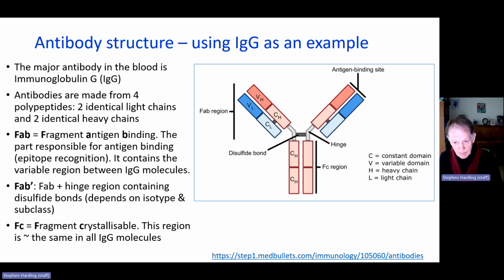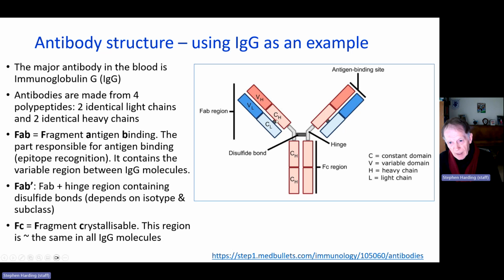They contain the sulfhydryl group, and these can combine together to give a disulfide bond, which holds the two heavy chains together, and you can get a number of disulfide bonds depending on the antibody isotype and IgG subclass, again, as we'll see in a minute.